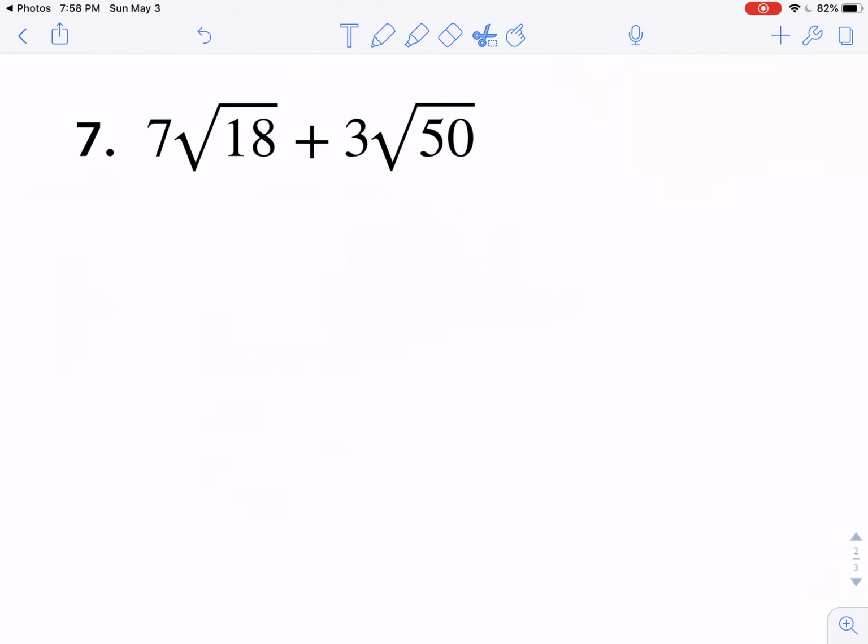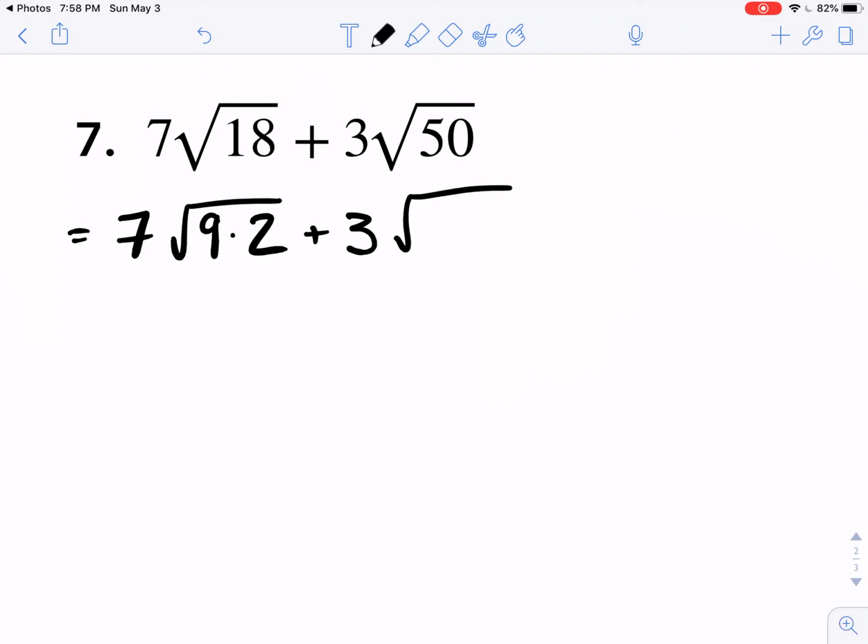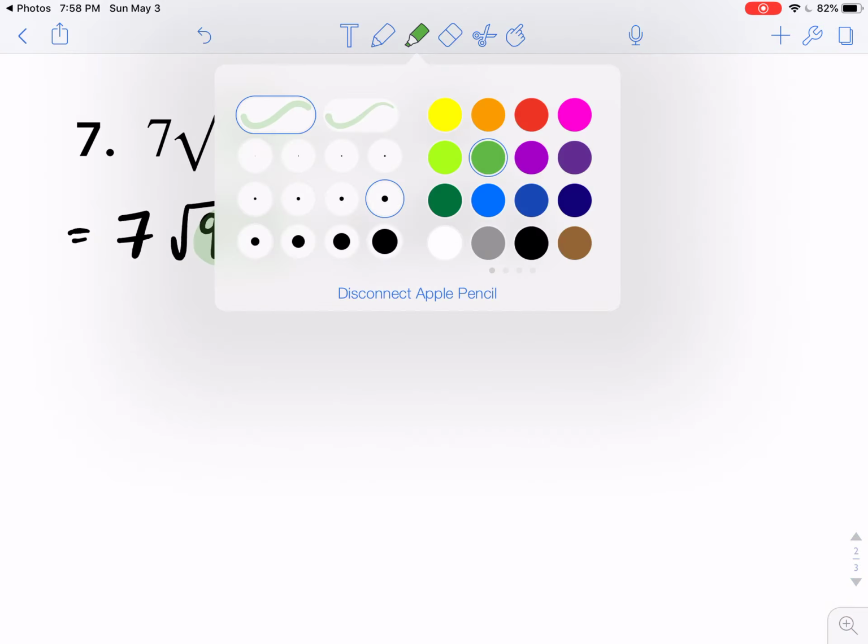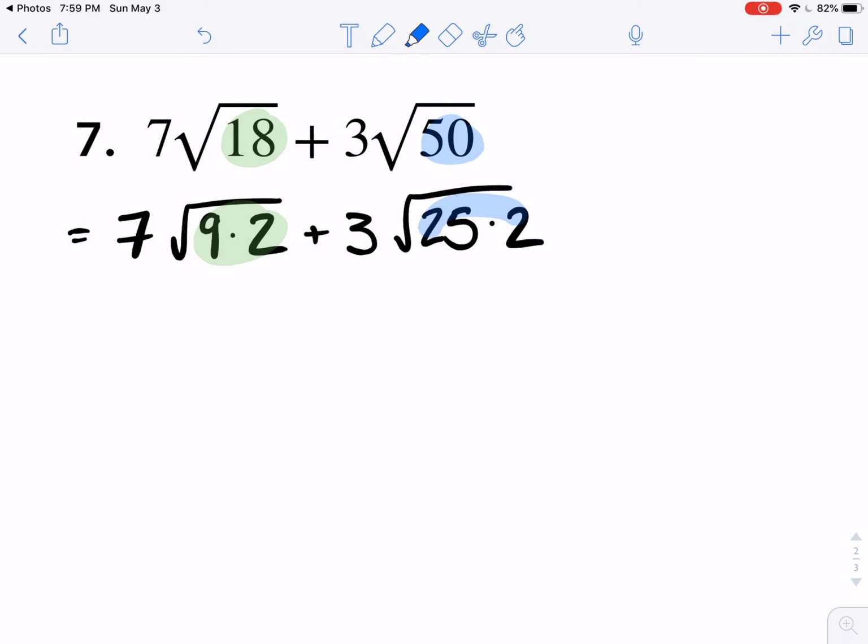Here in number 7, we can clean up the square root of 18 by breaking it up to 9 times 2. And same thing. This square root of 50 is not simplified because 50 has a perfect square factor in it. It's 25. So now that we've broken up 18 into 9 times 2 and 50 into 25 times 2, we can simplify those radicals by splitting them up.